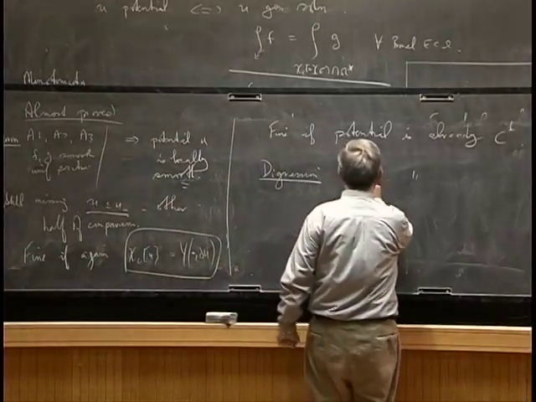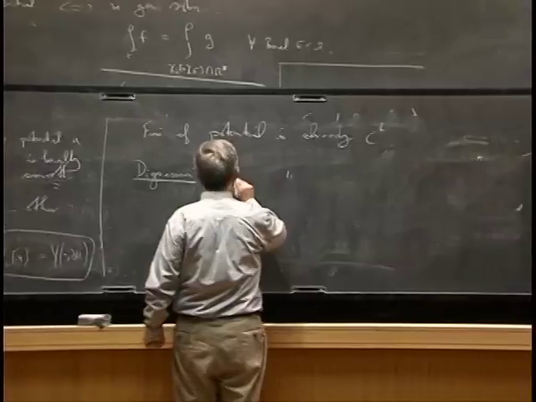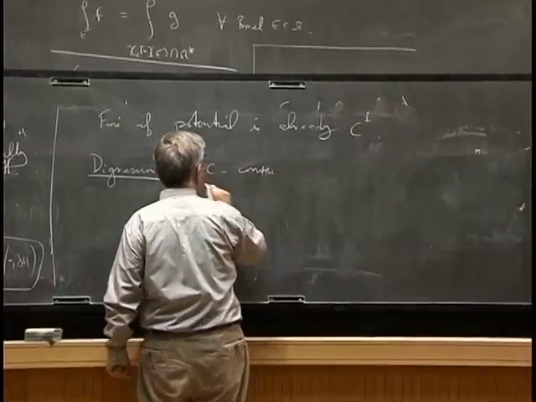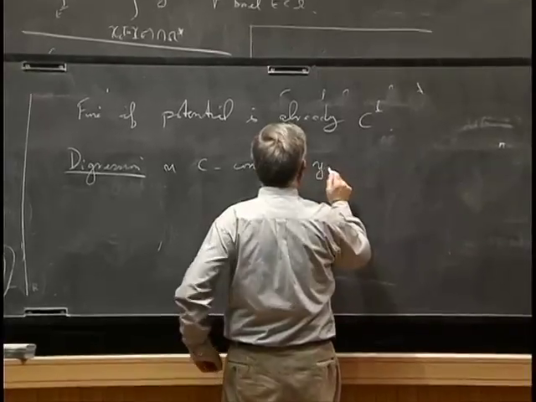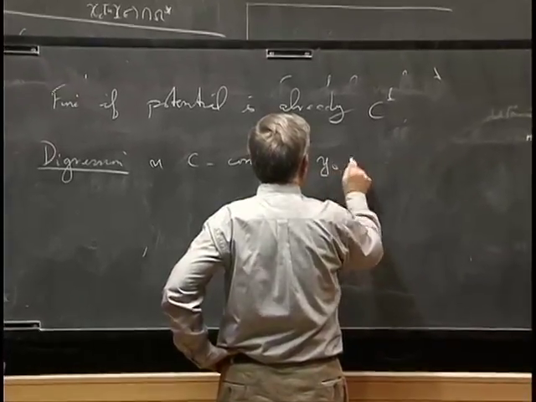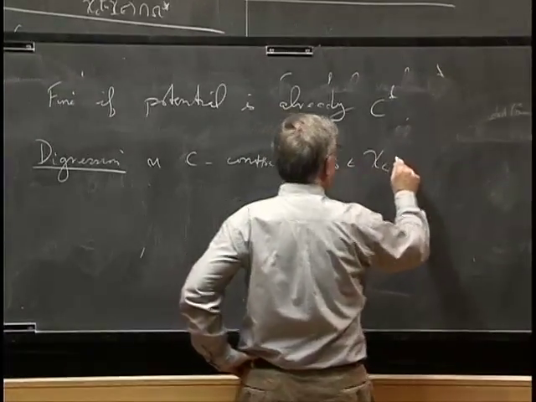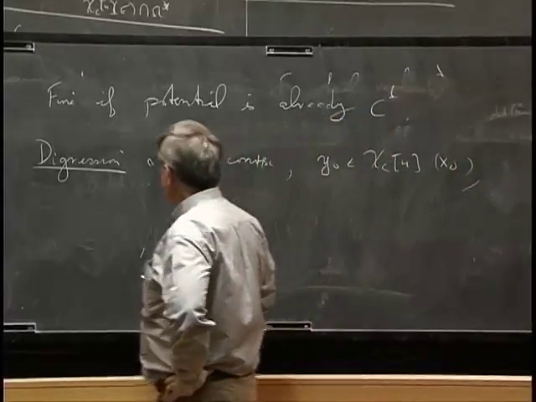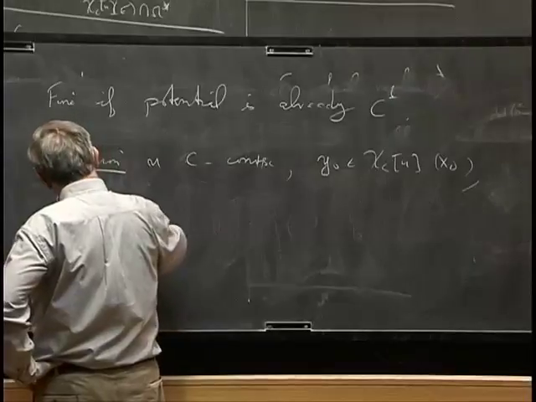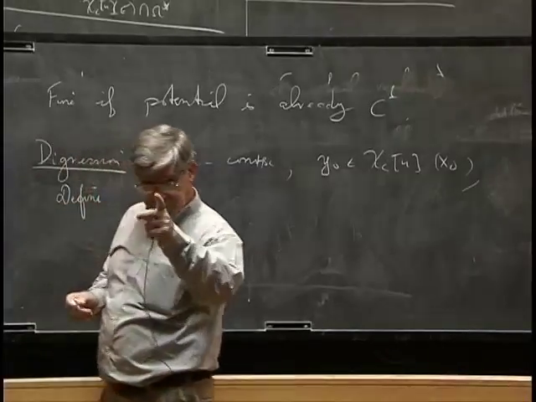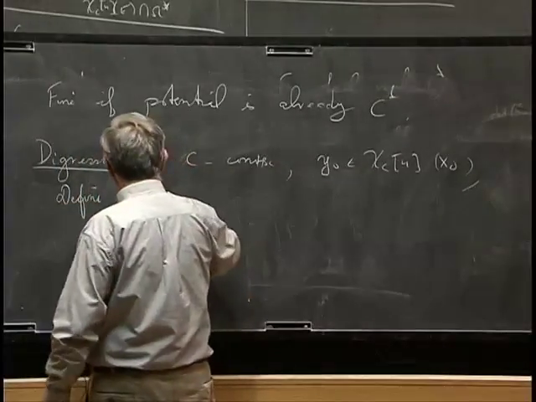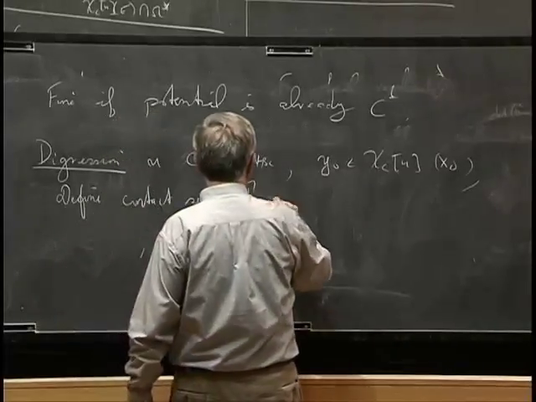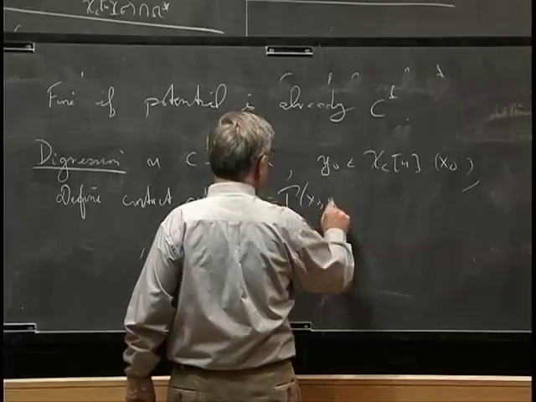I could define the notion of a contact set. Let's have a C-convex function. So U is C-convex, and let's take a point y0 in the C-normal mapping of U at an x0. And we can define a contact set. I'm going to be a little bit rough now because it's only a quarter of an hour to go. Define a contact set gamma, which is now going to depend on x0 and y0.